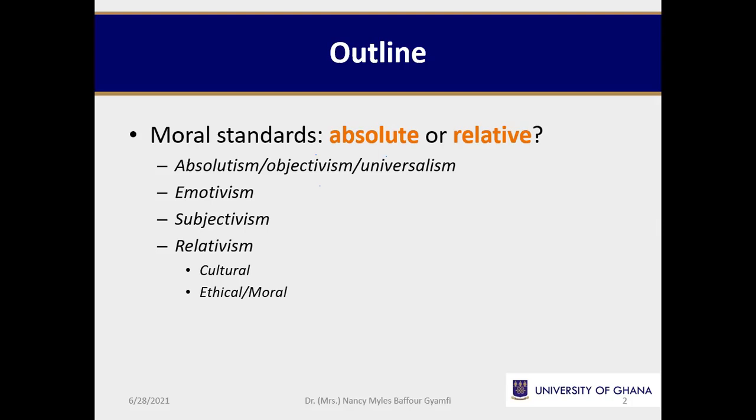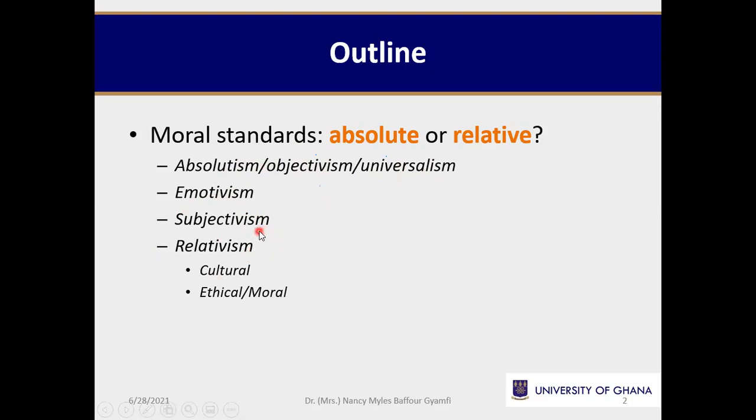Okay. So here we'll cover the question of moral standards, whether they are absolute or relative. Then under that theme, we'll look at absolutism, which is also called objectivism, also called universalism. Okay. We'll look at emotivism, subjectivism, relativism.